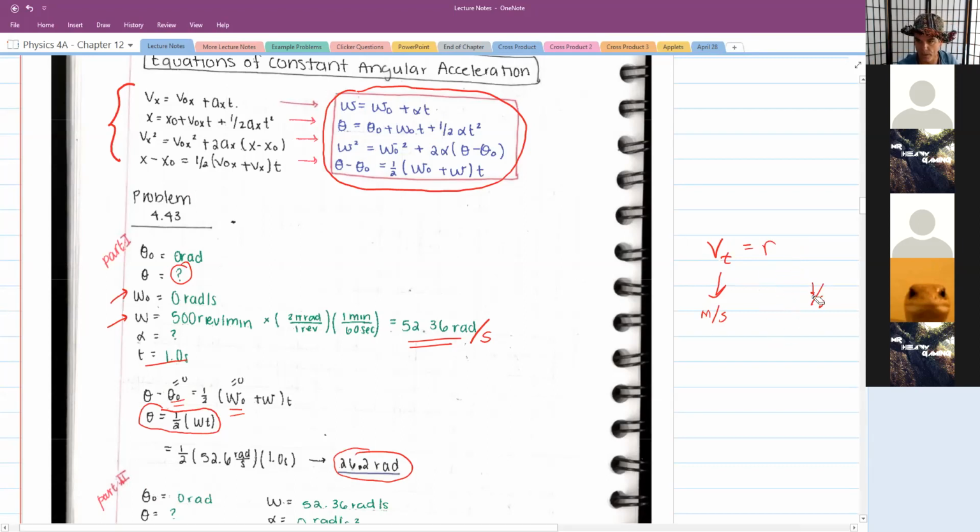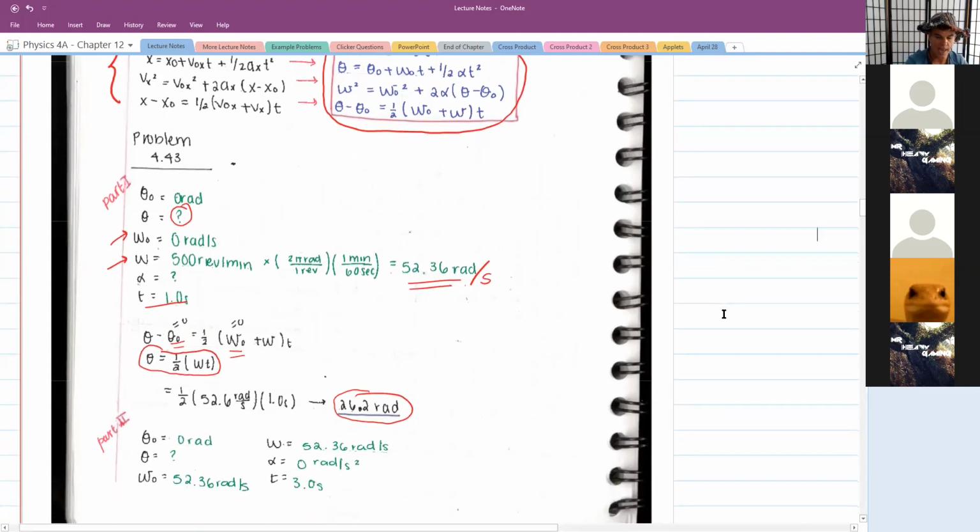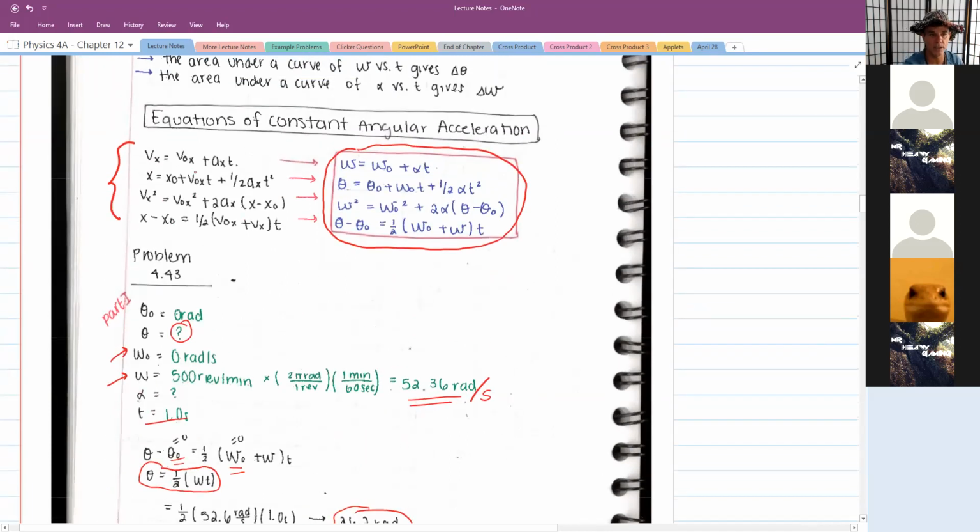So this was a 3-step problem. Remember, anytime the acceleration changes, you have to do another step. For this one, it started off at rest. It sped up to 52.36 radians per second in a time of 1 second. And I have all these same 4 equations that we had for linear quantities, we also have for angular.